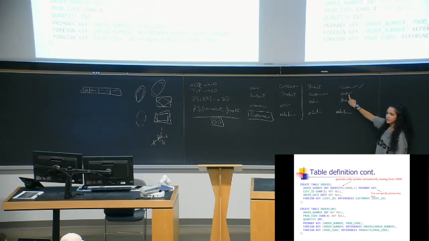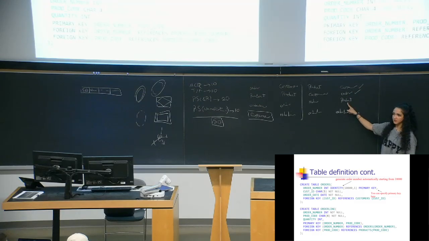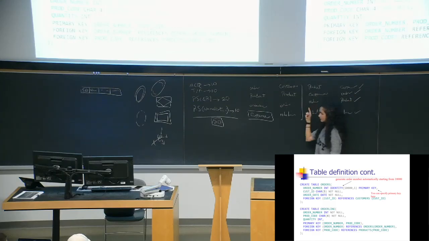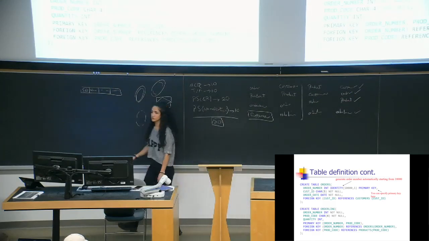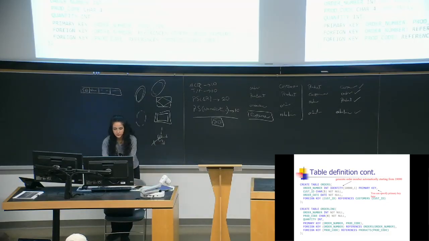Now the order table has a foreign key referencing the customer table, which we already created, so we can create it next. Next, we can create the product table, which doesn't have any foreign key, so we have no issue. For order line, we need to make sure that we have created the order and product tables before, which we already did. So there are these three orders to create these four tables, and all of them are correct.